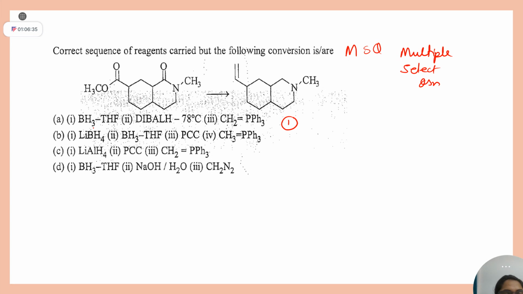Okay, in option number A, the first reagent is BH3·THF. This is the ester, students. This is the amide. So the same funda I have been explaining from slide 1. Electrophilic, it will go to the electron-rich amide, and in the first step what you will get, let me draw for you.